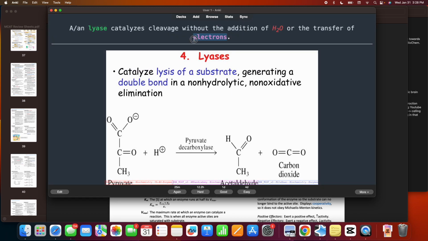The transferring of electrons should be the oxidoreductase, right?